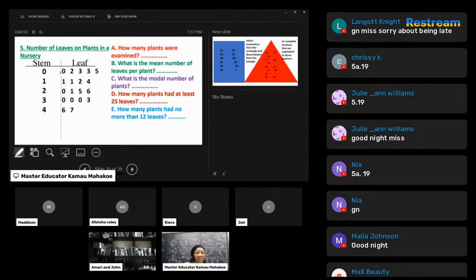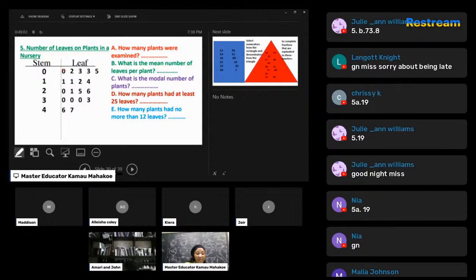I think some persons didn't count this plant. This 0 here represents a plant that has no leaves on it. So it's 19 plants.